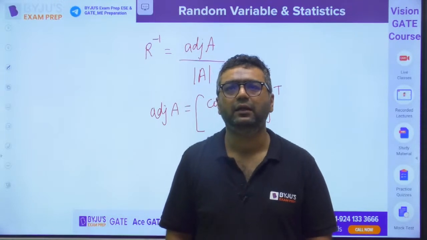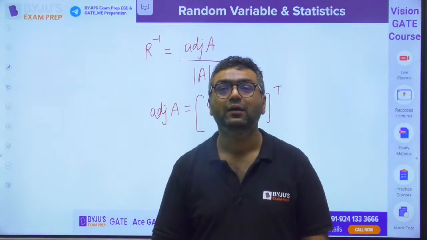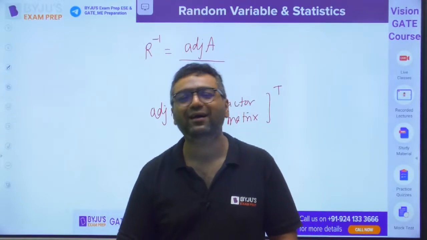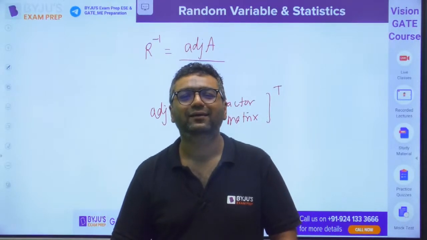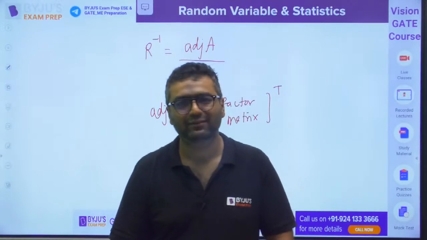Yes, Sai Kiran. No, Sai Kiran, multiply will not be done, dear. In cofactor we don't multiply, na? What you are saying is correct only when you are finding out the determinant.